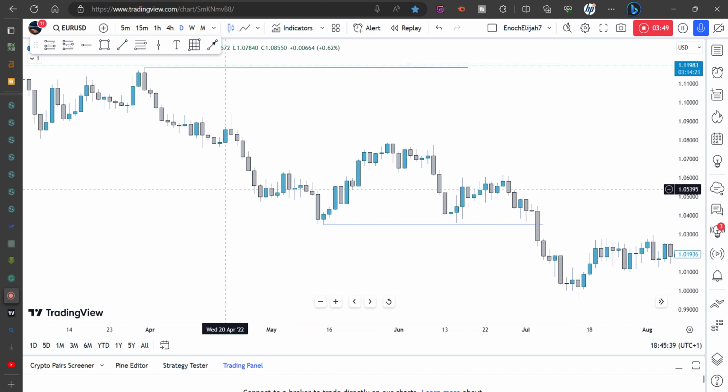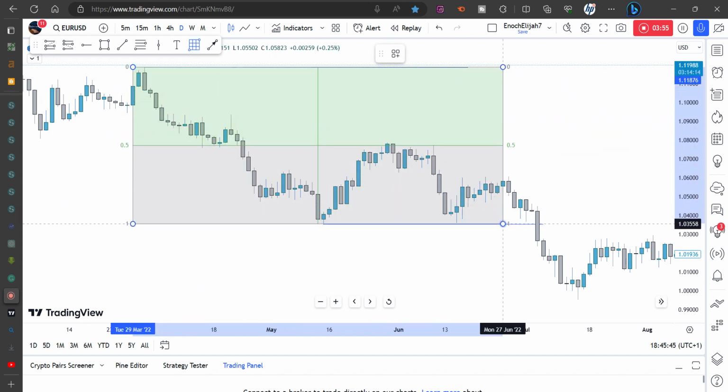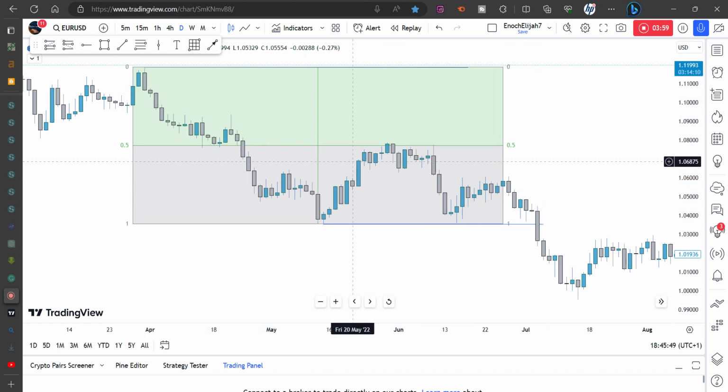So now I'll take my tool to measure the range. Now this 0.5 is the 50% level. Above this is the premium range. Below this is the discount range.